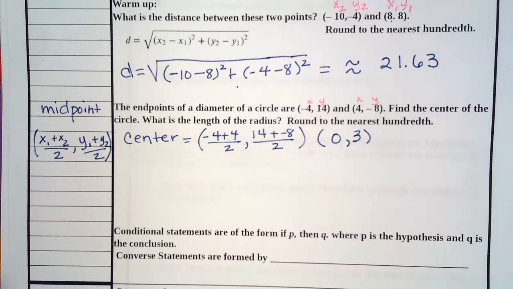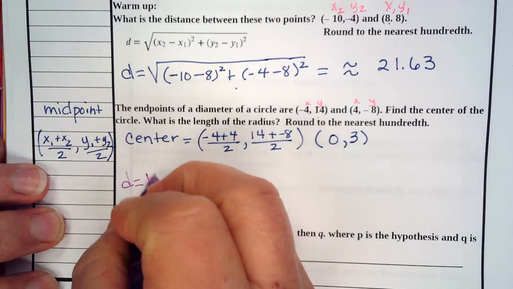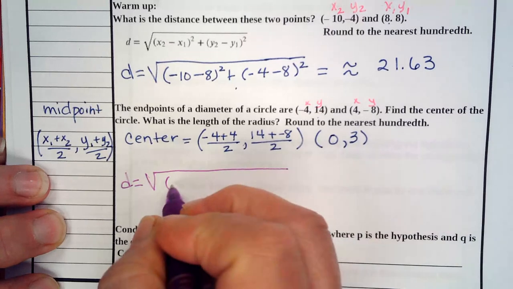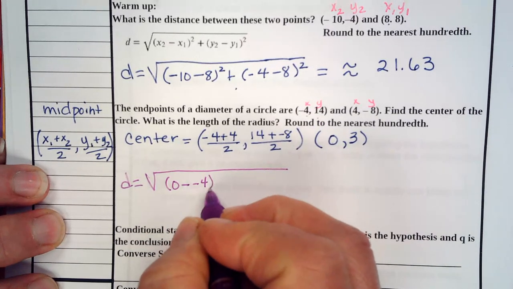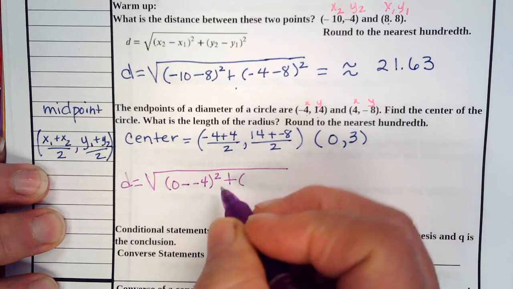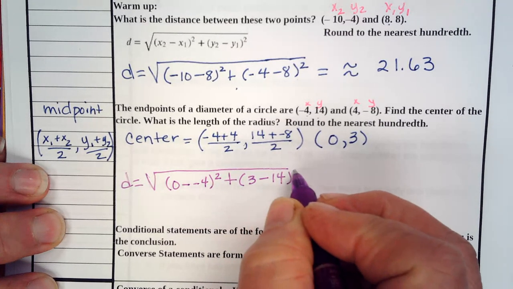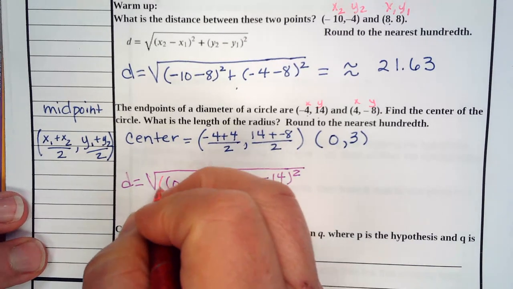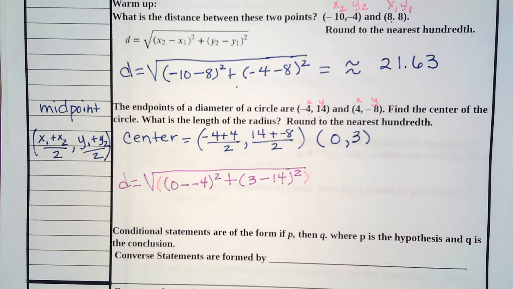So for my distance, the square root of parenthesis 0 minus negative 4, close it, square it, plus 3 minus 14, close it, square it. Now remember, with our calculator, we've got to have that other set of parentheses also.